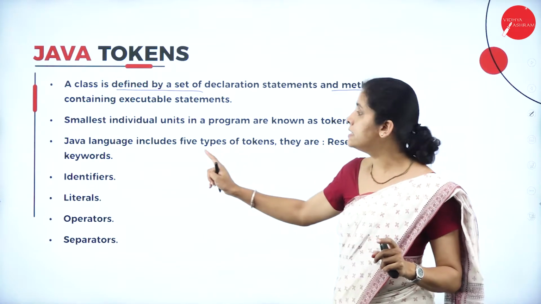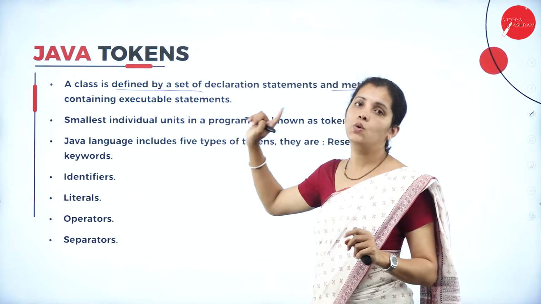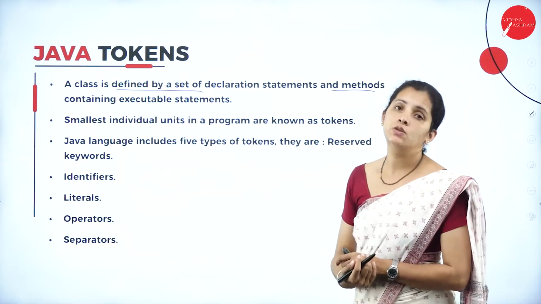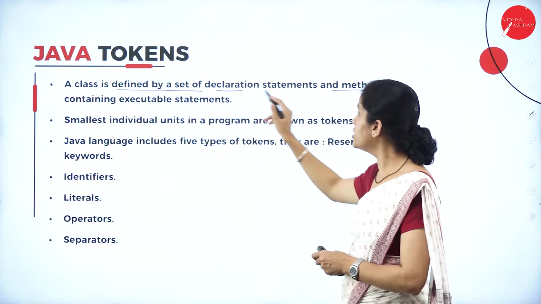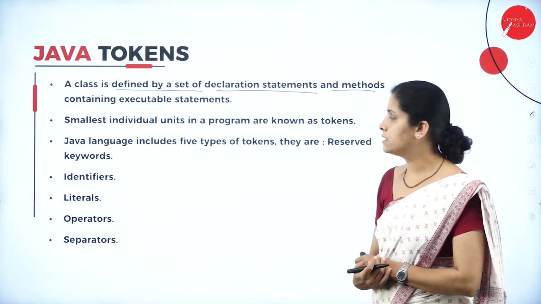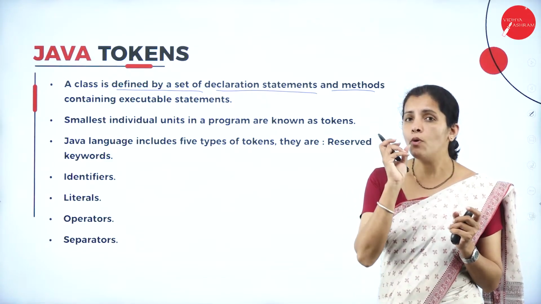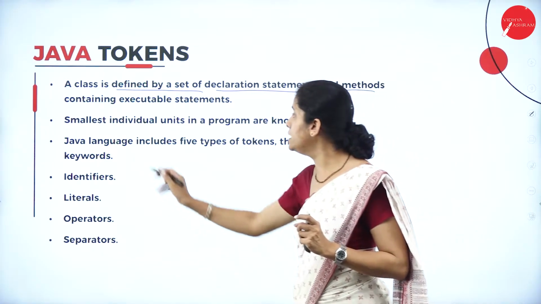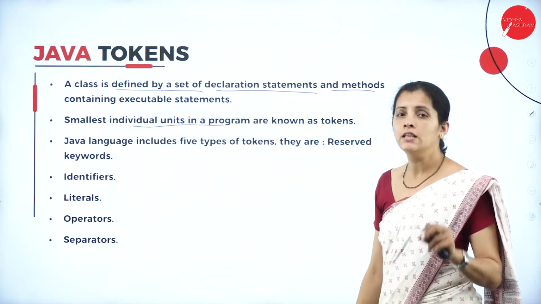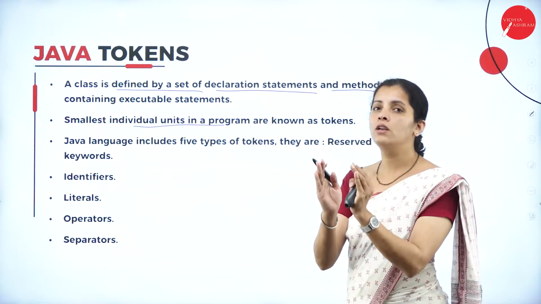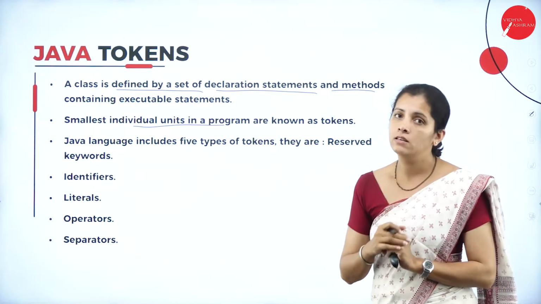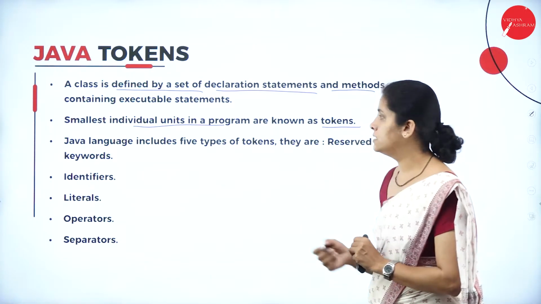Now, a class is going to have methods. Along with that, it is going to include declaration statements as well as executable statements. And the smallest individual units in a program are known as tokens. That means whatever smaller units I have in my program are termed tokens.